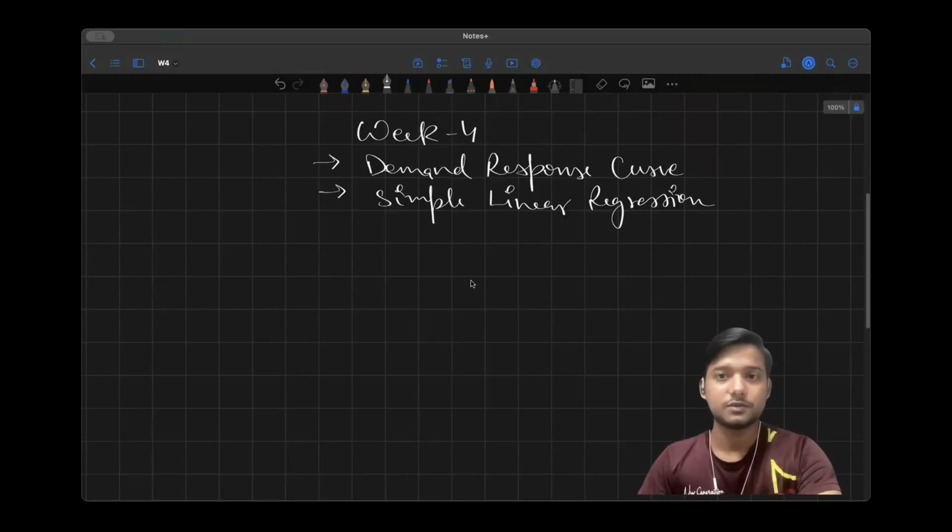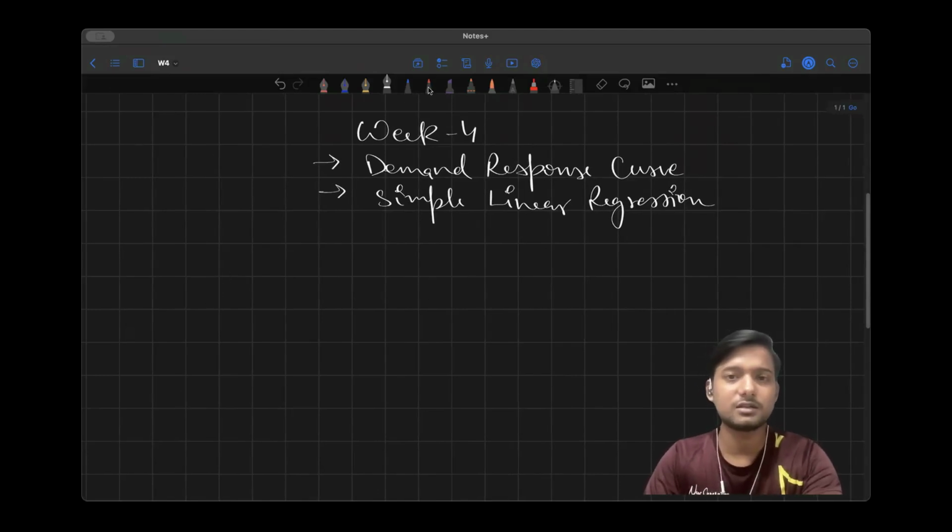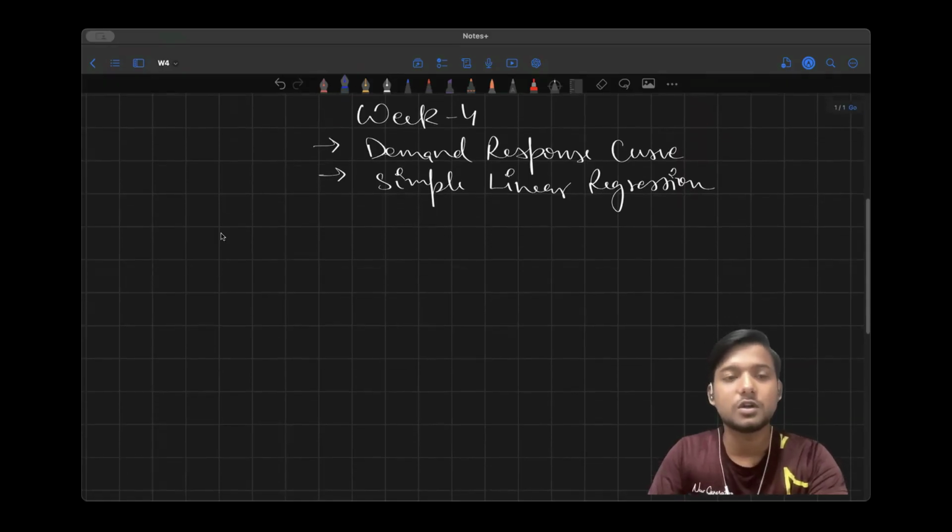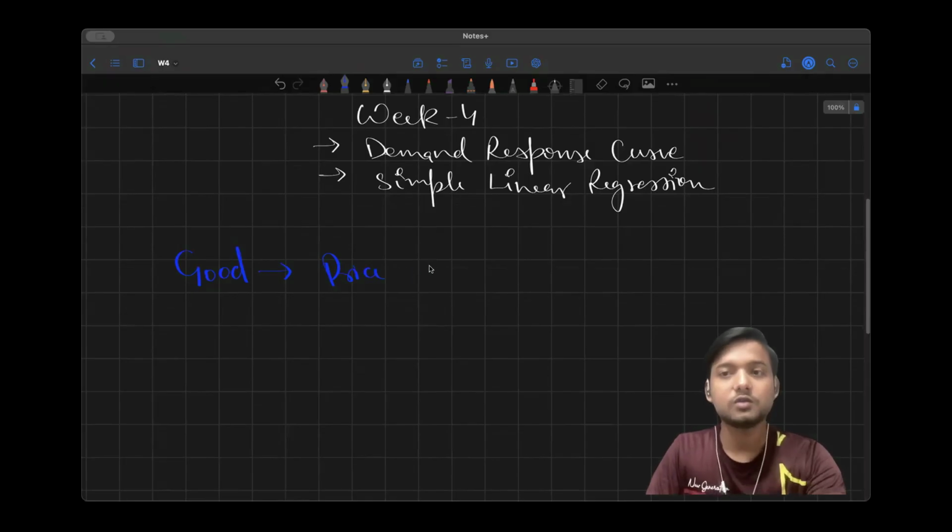I hope my screen is visible. So we will start with the demand response curve. A few basic things before we get into it. What do we mean by this? What is demand? What is response? So let's say there is some good G, and it will obviously have some price associated with it. So we want to know how the demand of the good, basically how many things you are going to purchase.